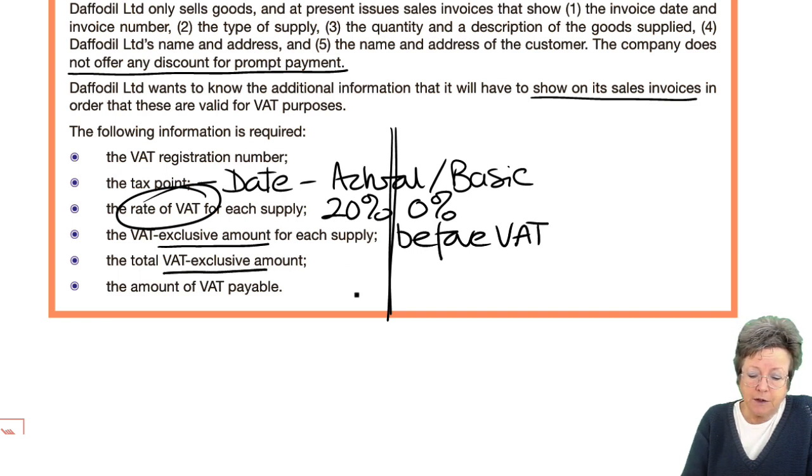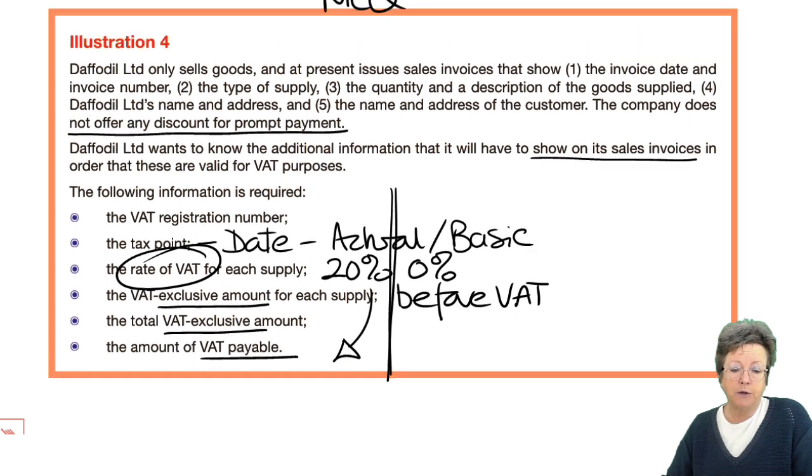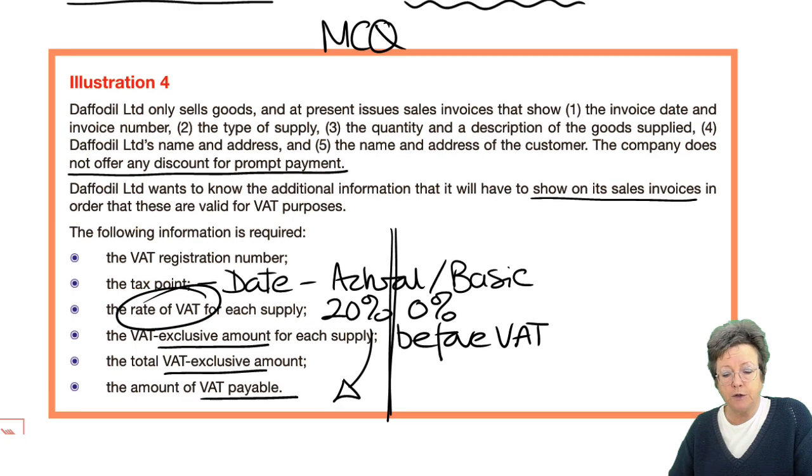The total exclusive, and then the amount of VAT payable that you've worked out. So all of those various things now need to be included. So that's a really good illustration there to help you with multiple choice questions that would ask what was necessary to put onto an invoice.